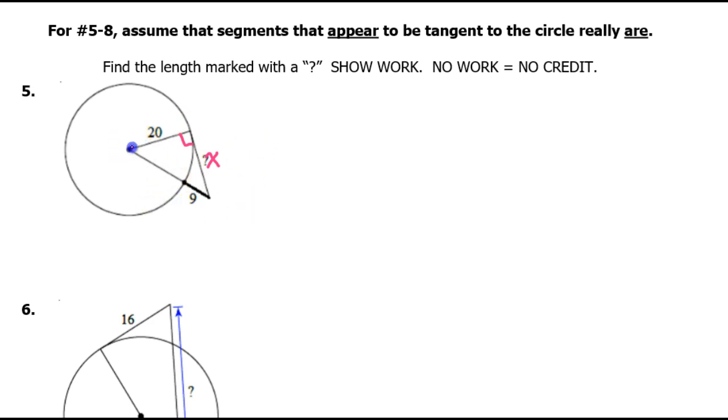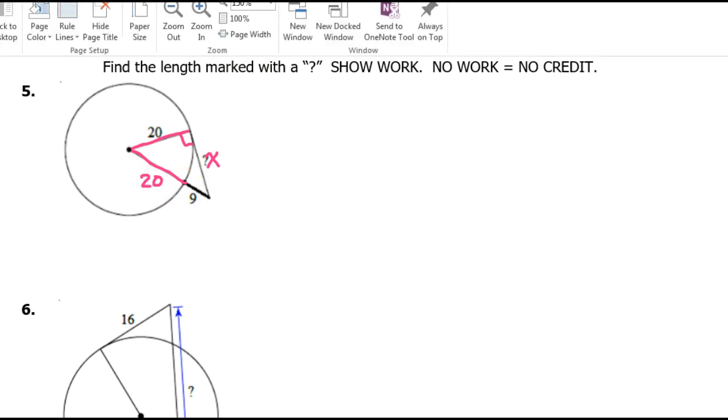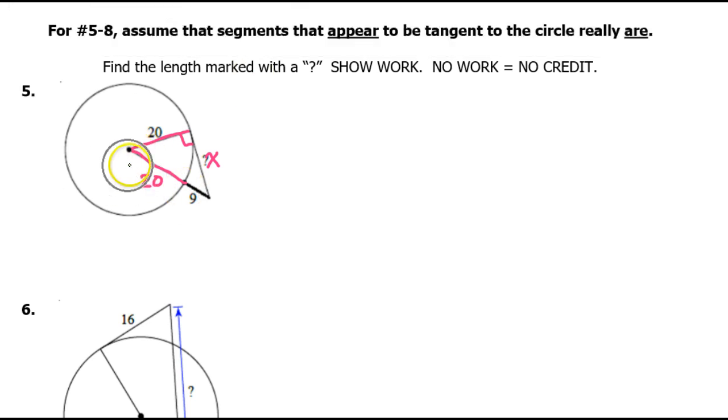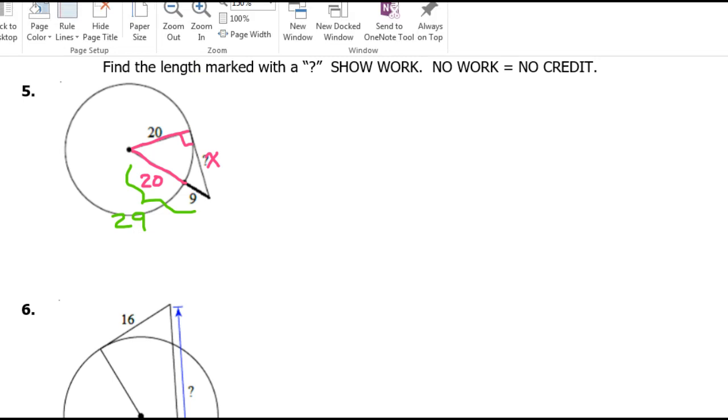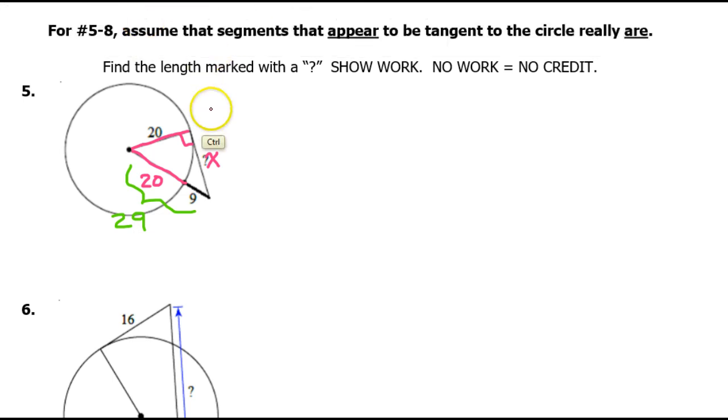If this radius is 20, that means that this is also 20 because this is also a radius of the circle. Okay, which means that the full length right here is actually 29. So keep that in mind as you do the Pythagorean theorem.